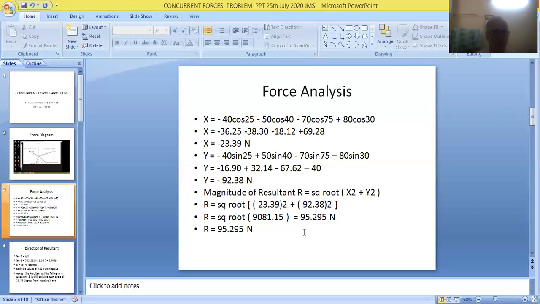So we are getting the value of this parameter. It's a magnitude, that's called the magnitude of resultant, denoted by capital R, and by making all these calculations, it is obtained as 95.295 newtons. So friends, this is the way of doing the problem.